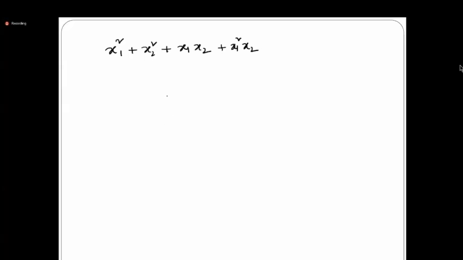Okay, let's think about what I have considered already. I hope you remember I have considered H transpose A into H, where A is a matrix. H transpose means H1, H2, A is a 2 cross 2 matrix, and H is again coming as H1, H2, which is 2 cross 1.